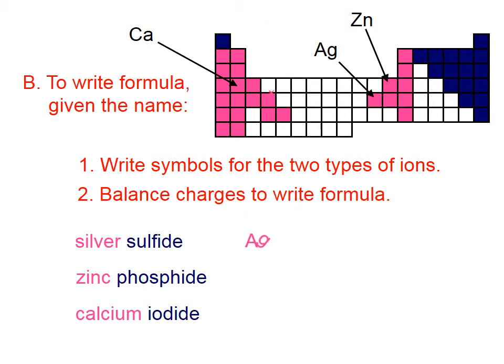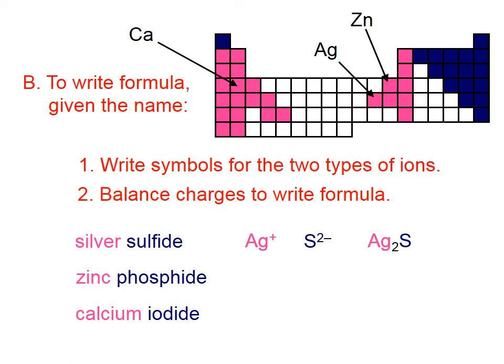Silver has a charge of 1 plus. The sulfide ion, if you look on this periodic table at the top, sulfide ion is right here. It's going to gain 1 electron, 2 electrons, so that it will end up having 18. So the charge on the sulfide ion is 2 minus. And now, how many of each of these do we need to give us a neutral formula? We need 2 silvers and 1 sulfide.